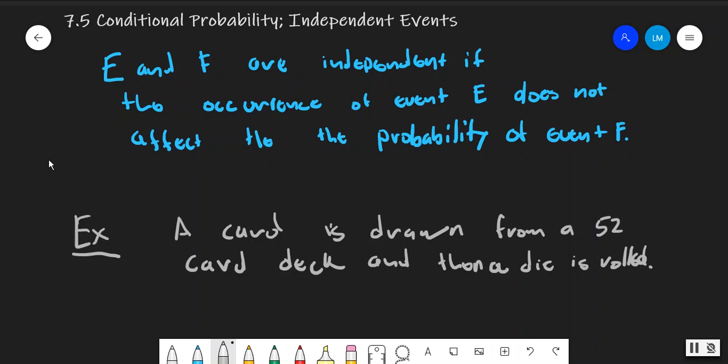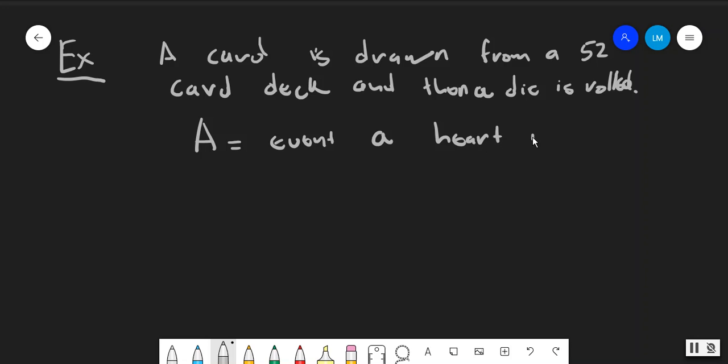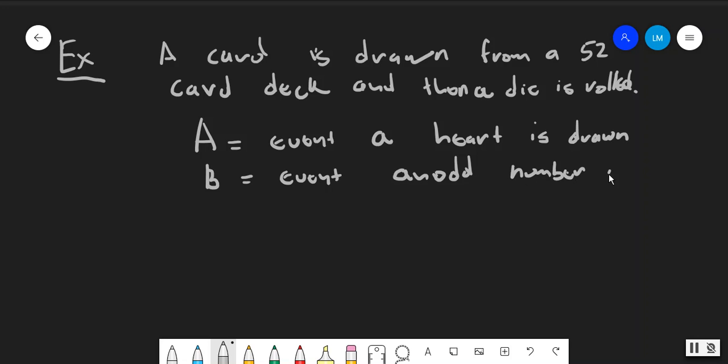If a card is drawn from a 52 card deck and a die is rolled, we can say, for example, that A is the event a heart is drawn, and B is the event that an odd number is rolled.